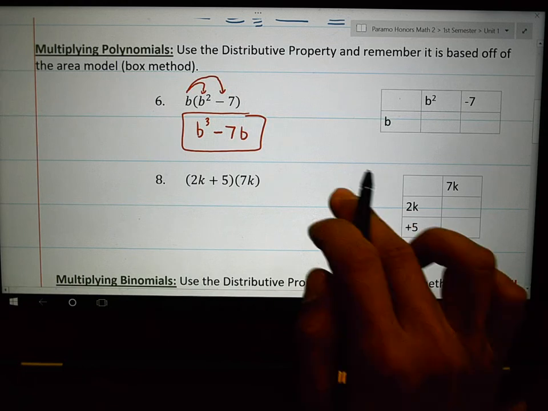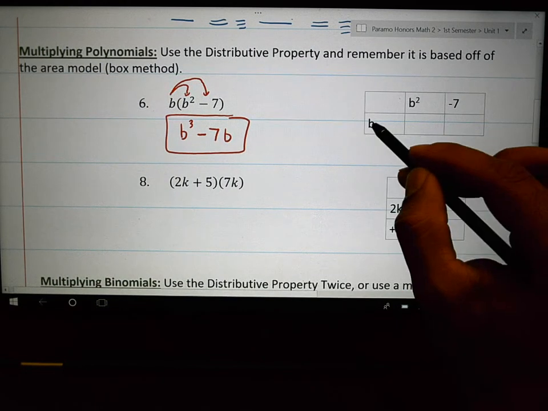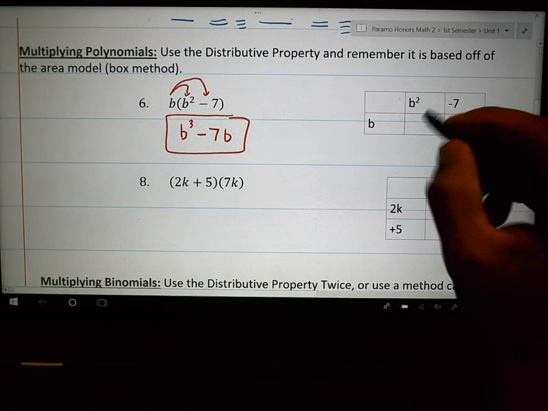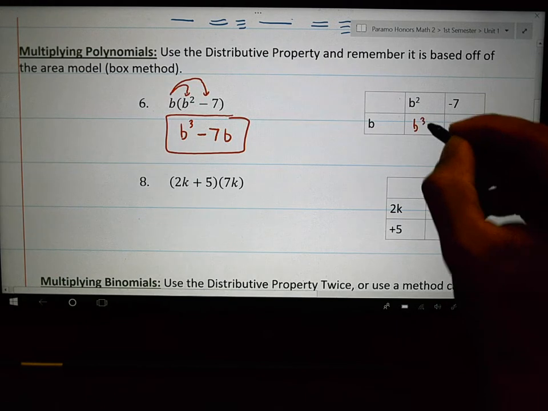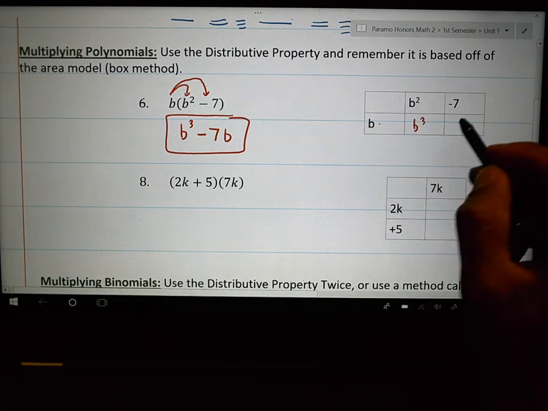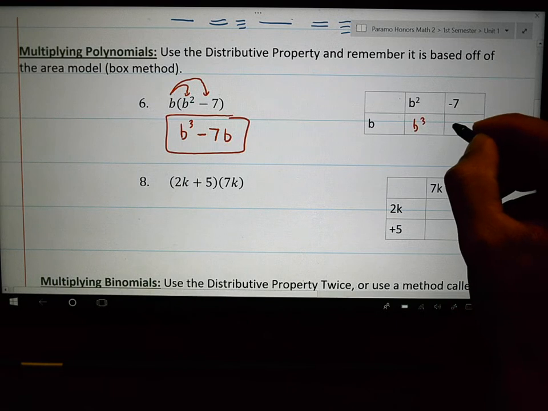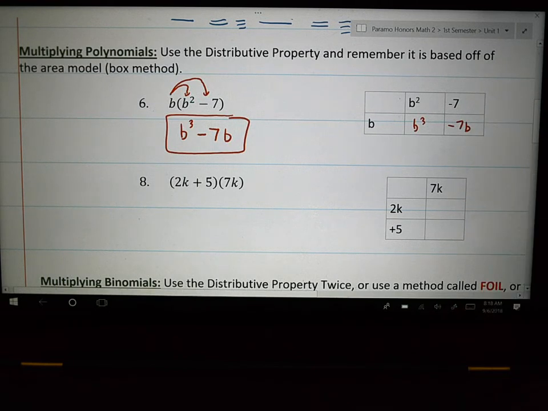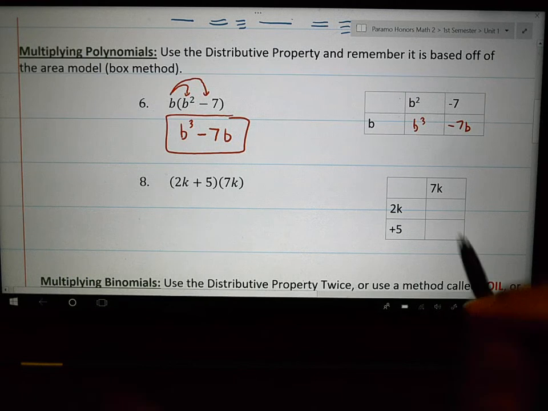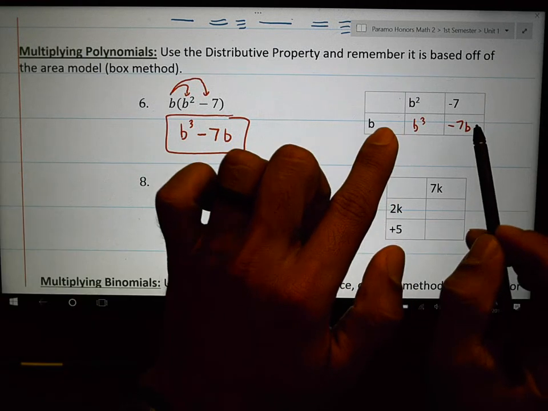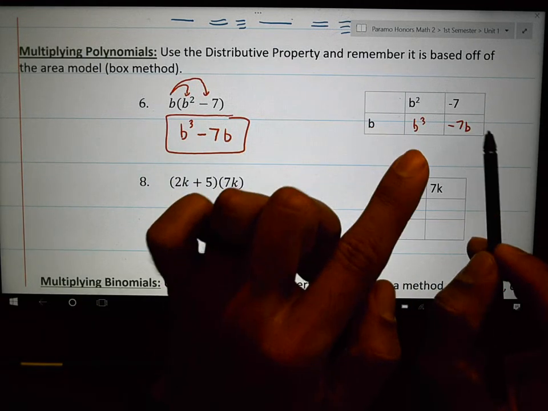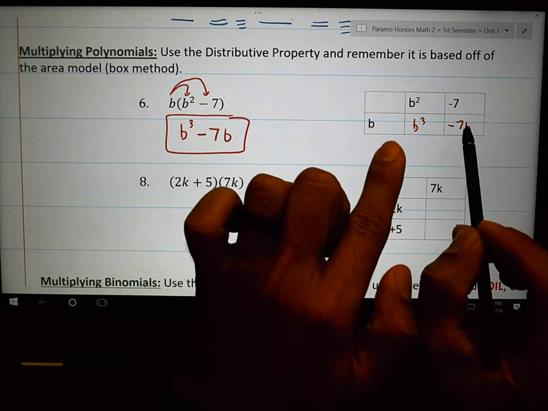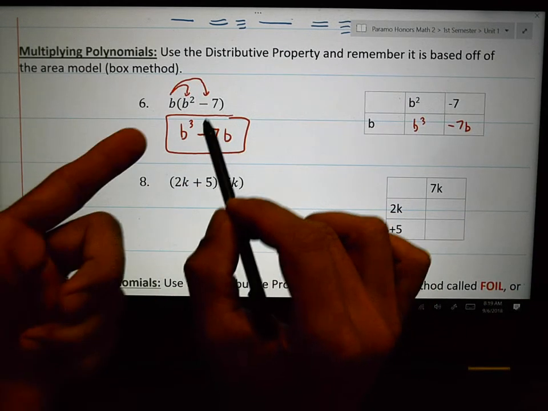Which would be the same if you use the area model where b times b squared is b to the 3rd, because you have 3 factors, and b times negative 7 would be negative 7b. I just want you to see that the area model works the same. You can choose to do it this way, but a reason why I avoid it is because there's just less work to do.